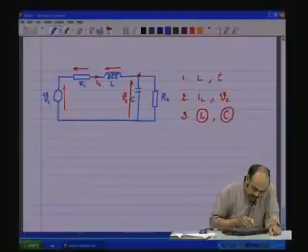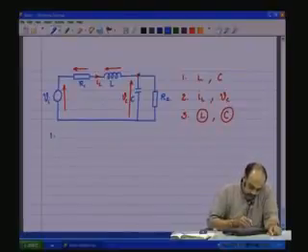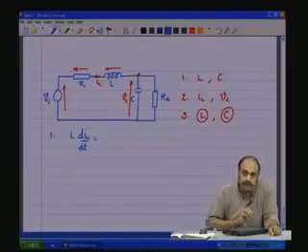So, first, the inductance equation given by L d IL by dt should be equal to the voltage across the inductance.